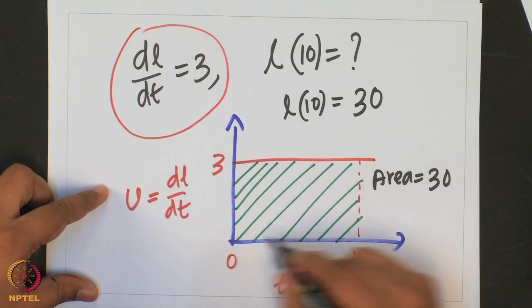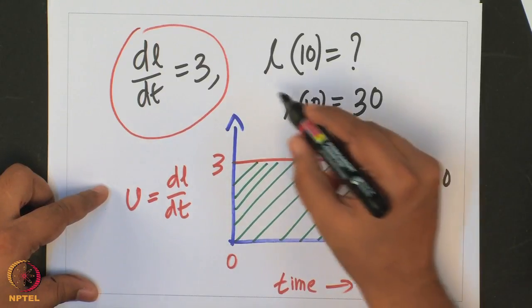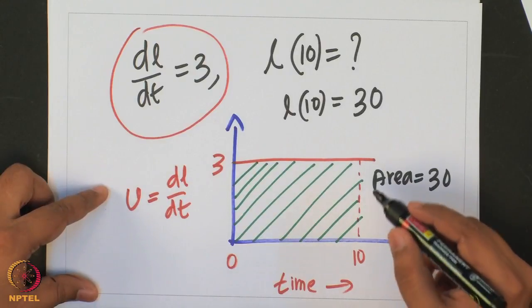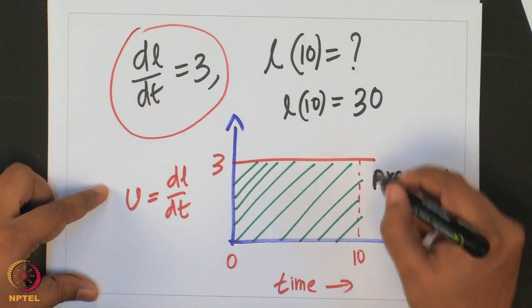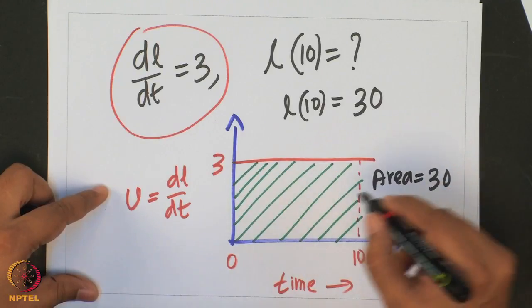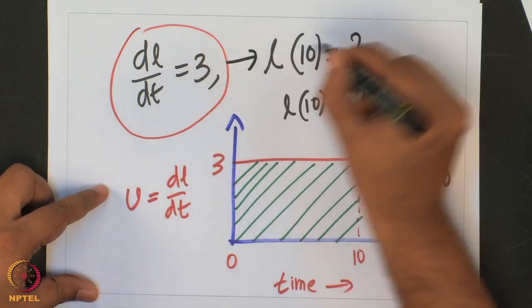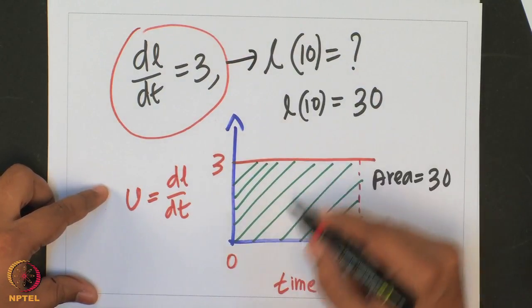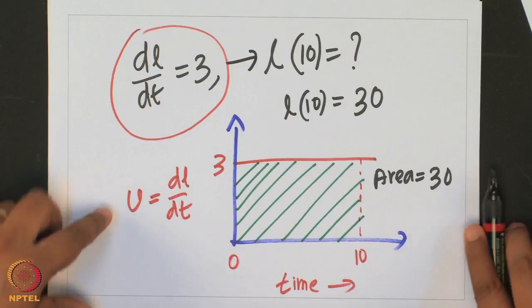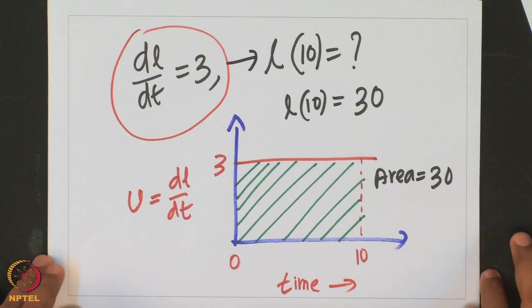So the integral from 0 to 10 of dl dt will turn out to be the area under this curve, which will be the answer for this length. If I integrate this, I will get length, which is nothing but finding this area under this curve. Let us repeat the claim once more.